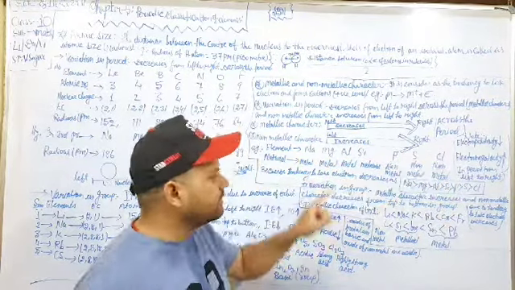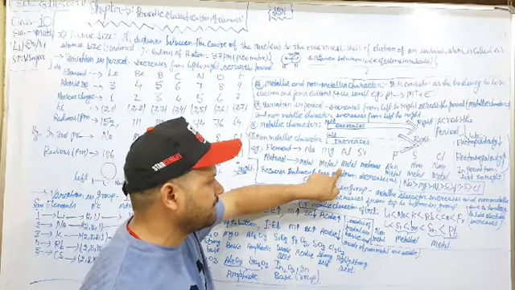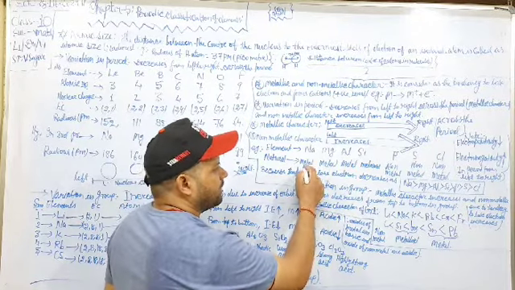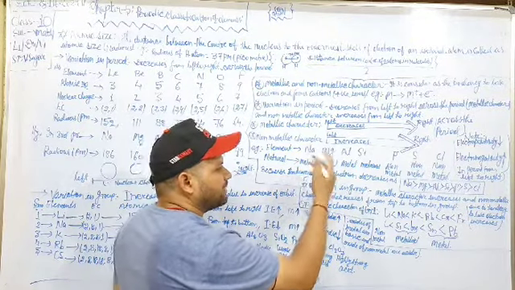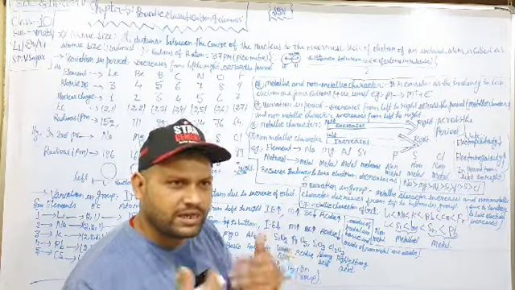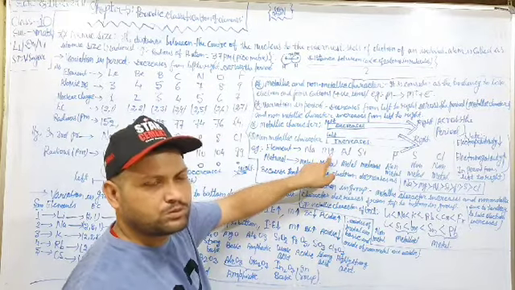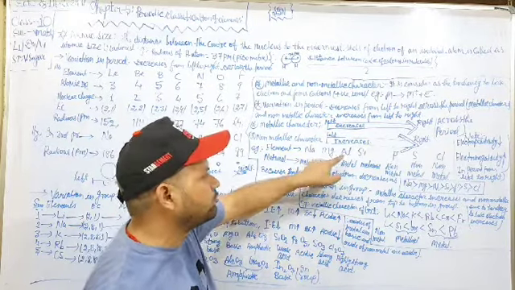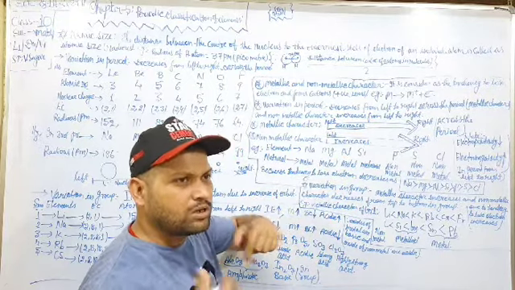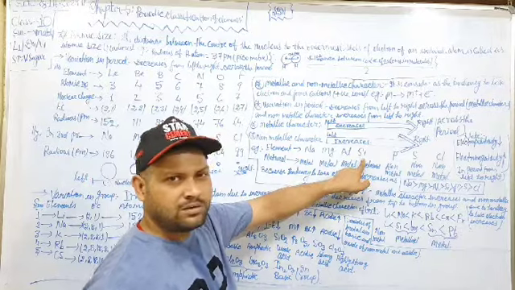In the third period, sodium is a metal, magnesium is a metal, aluminum is a metal, but sodium shows more metallic properties than magnesium because it has more tendency to lose the electron than magnesium, and magnesium shows more tendency to lose the electron than aluminum, and aluminum shows more tendency to lose the electron than silicon.